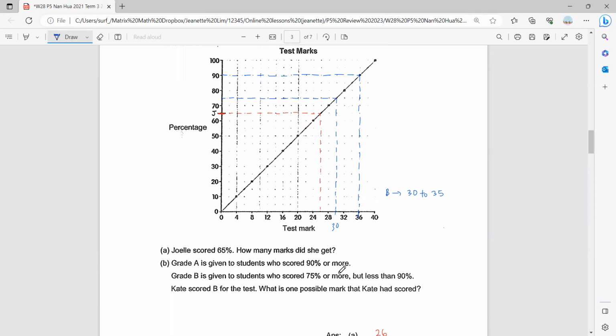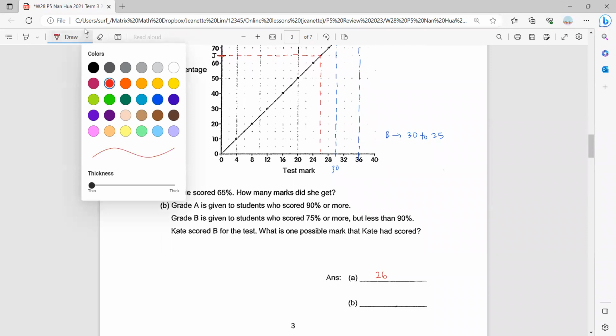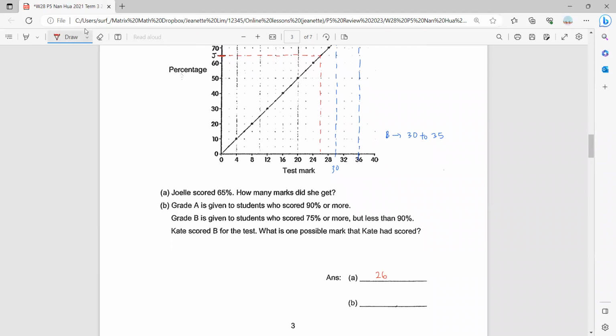Anything between 30 to 35 is acceptable. So your answer can be 30, 31, 32, 33, 34, 35. So let's say I just choose any number, just write one number, 32. Sorry, 30 to 35. 36 cannot.